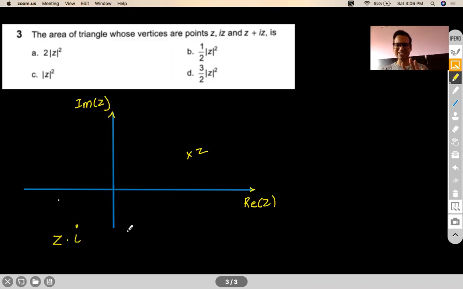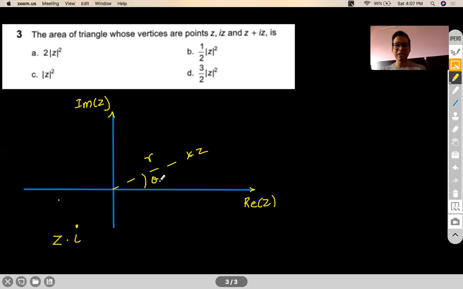Are you getting my point? Wherever Z is located, let's say Z was located at a distance of R and at an angle of theta, you need to rotate it anti-clockwise by an angle which is the argument of I. And you need to scale it by the same factor as the modulus of I. Modulus of I is 1, so you don't have to scale up or down.